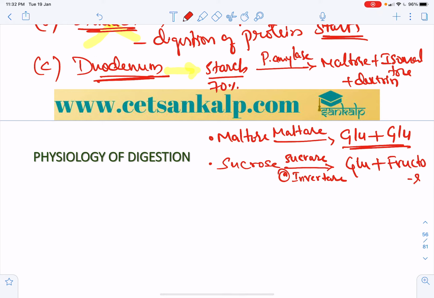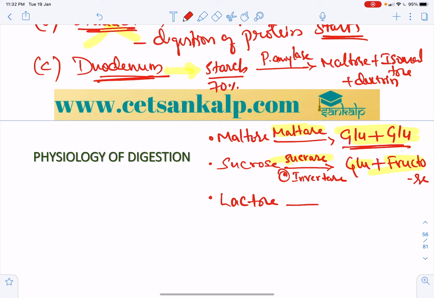They may ask which enzyme converts sucrose into glucose and fructose: sucrase or invertase. Likewise, name the enzyme which produces only glucose monomers: that is maltase. Maltase produces only glucose, whereas sucrase produces glucose and fructose.